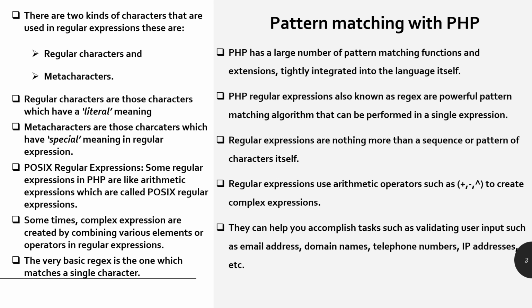Regular characters are of ordinary type. In addition to this, we have POSIX regular expressions, which are like arithmetic expressions. This is about pattern matching with PHP. Now we are going to discuss the operators, then expressions, various examples one by one. Let's discuss them.